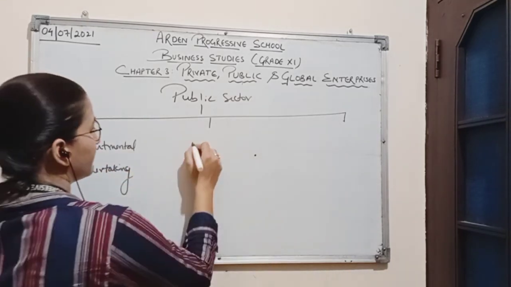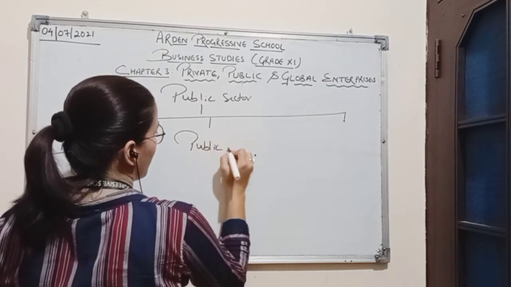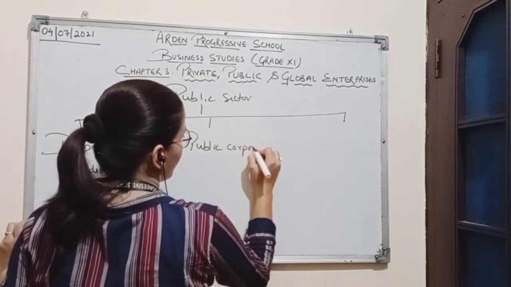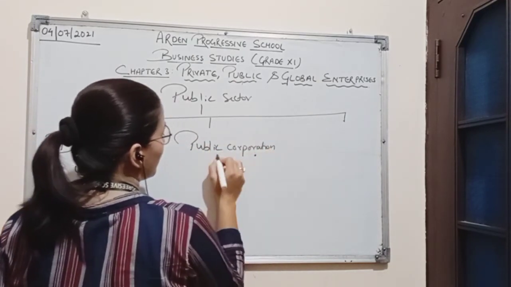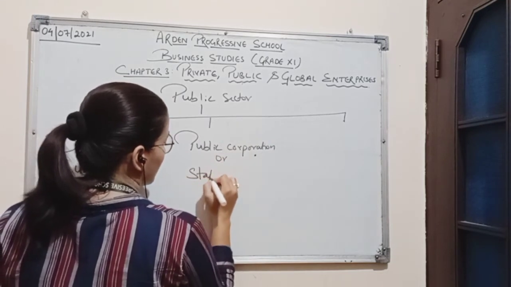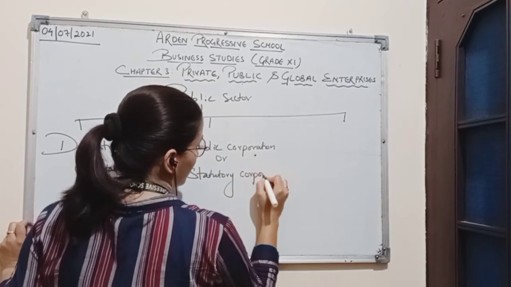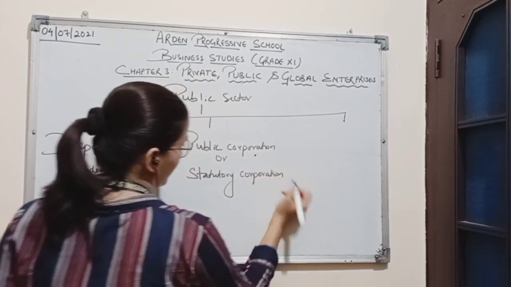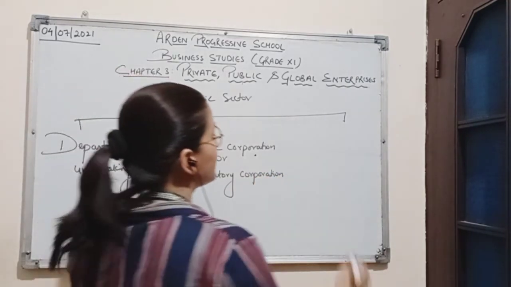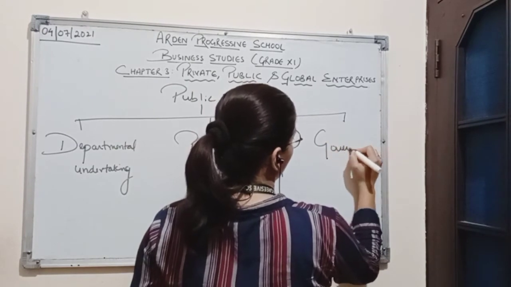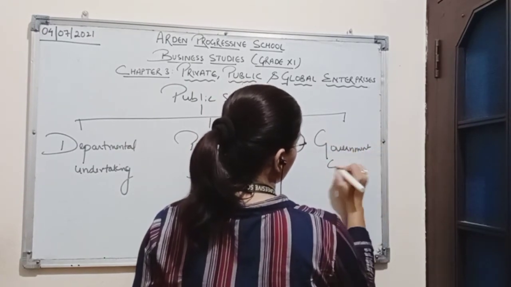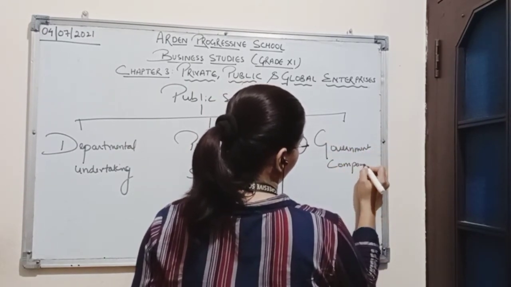Second is public corporation, or we can also call it statutory corporation. And third is government company.